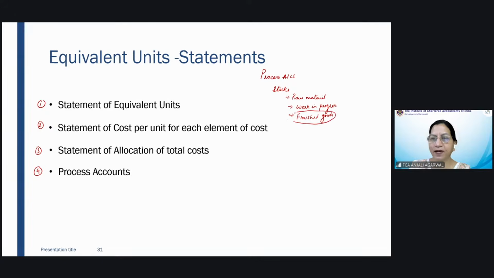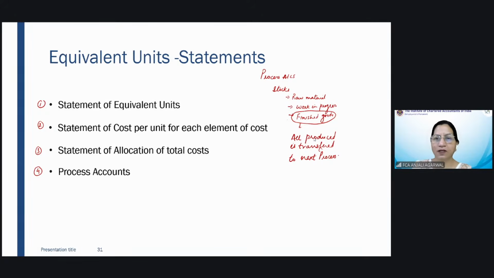Regarding finished goods, we have made an assumption. All that is produced is transferred to next process, right? So we don't have warehouses where we keep the semi-finished goods of process one or the output of process one, process two, like that, because that does not have a sellable market, we assume, and entire production is transferred to the next process.